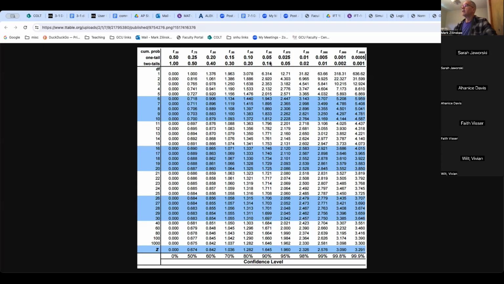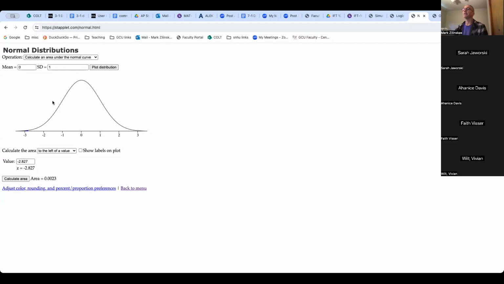But if I want to know, for the Z distribution or the standard normal, these areas right here above for two tails, let's say I want 5% area in the extreme values of two tails. That means 2.5% in each of these tails. That means the Z statistic would be 1.96. So in other words, if I was looking at one of those curves here, I can jump back in here and do that.